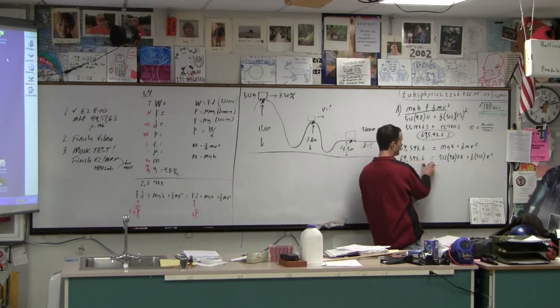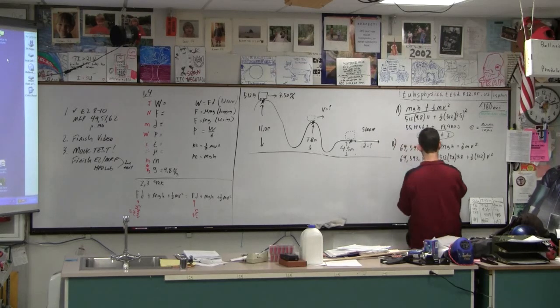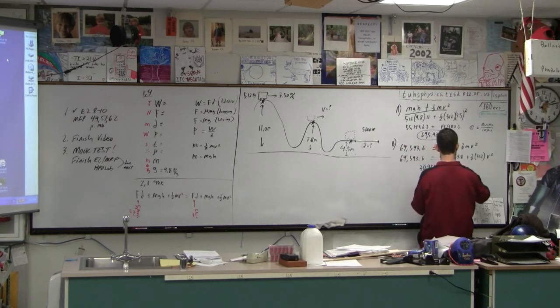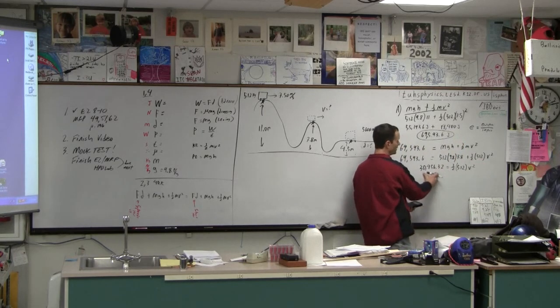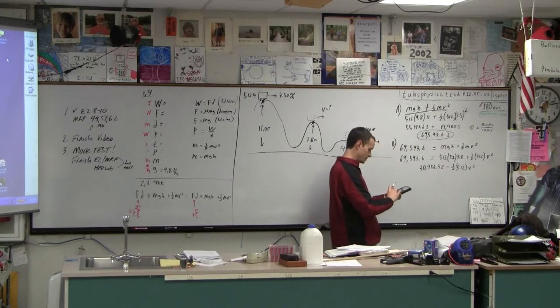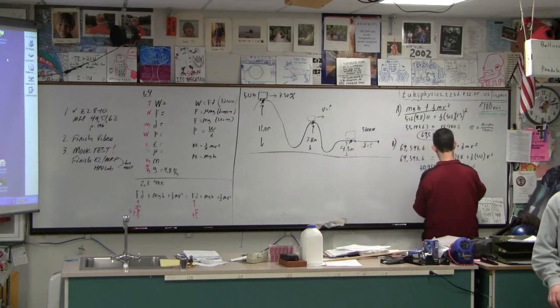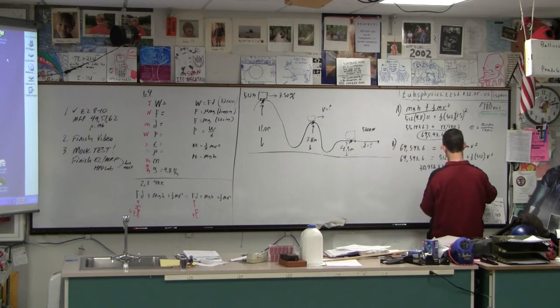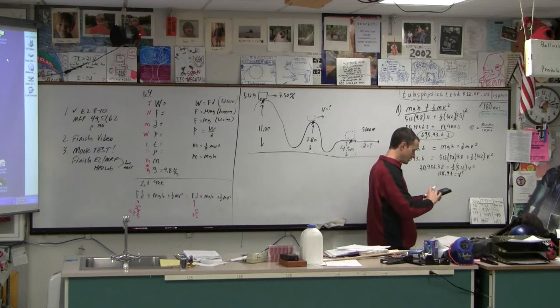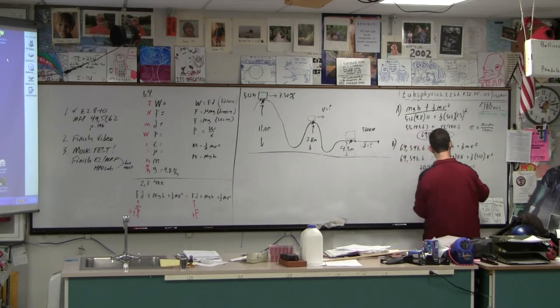So I'm going to take this minus this. Right, and now I'm going to multiply by 2, divide by 512. And then I have to square root that. I get 10.9.